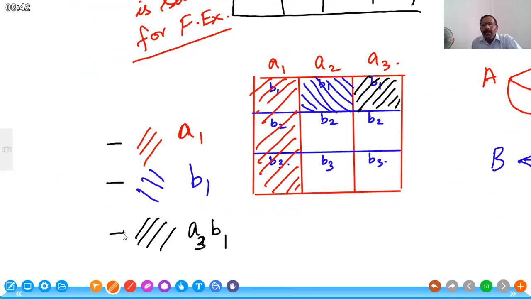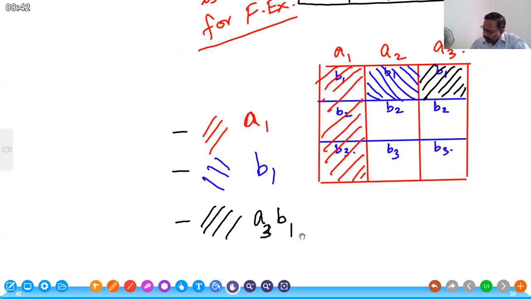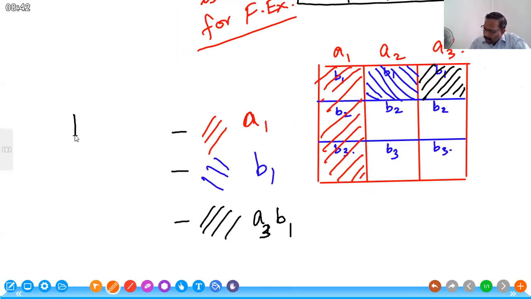For A1, A2, A3, what is the plot size? Which one is bigger? A1 plot size or B1 plot size? A1. So A1 is called a large plot.